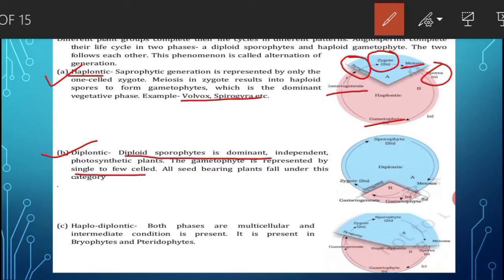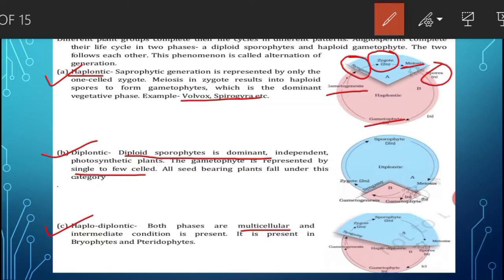Then the third type is the haplodiplontic. In this type, there are two distinct multicellular phases. Diploid sporophyte and haploid gametophyte are present. Both the phases are multicellular. However, they differ in their dominance.